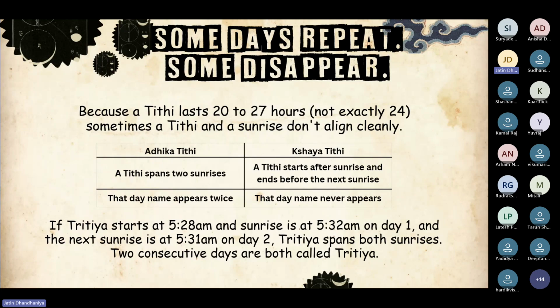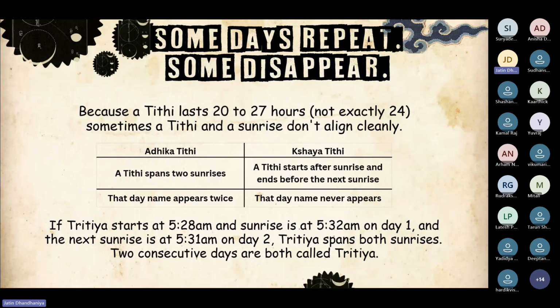The next day the sunrise is at 5:31 a.m., and the Tritiya is about 25 hours long, so it will cover the next day's sunrise too. So Tritiya spans both sunrises, and these two consecutive days are called Tritiya. It's not Dvitiya. Dvitiya just came before Tritiya.